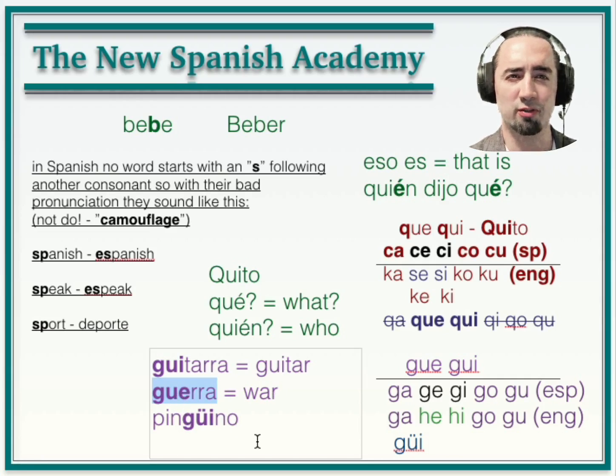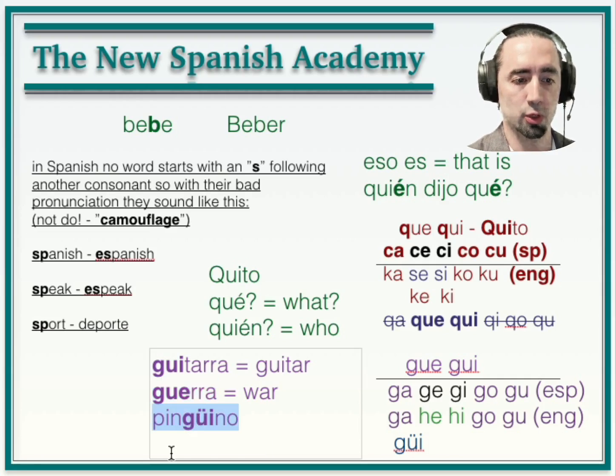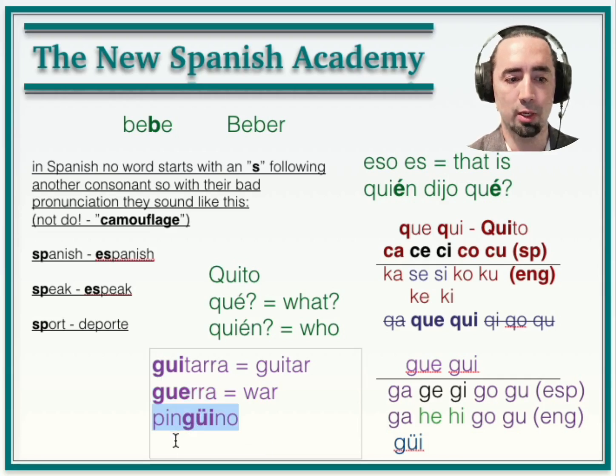Now you might ask yourself, what if I want to say gui? What do I do? Because G-U-I is gi. So how do I say gui? Then look at this word penguin. In Spanish, penguin is pingüino.